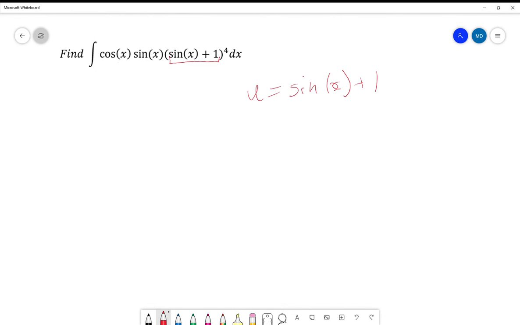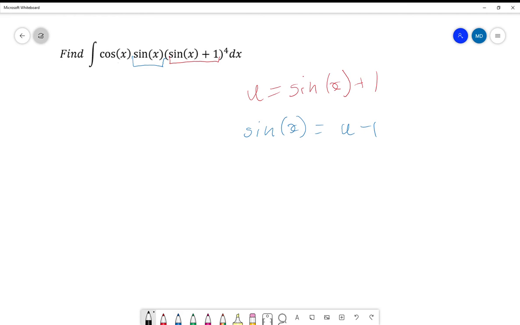And now we can do some swapping around. We can also see this bit here. If u is sine x plus 1, then sine of x must be just equal to u minus 1. Just a quick rearrangement.